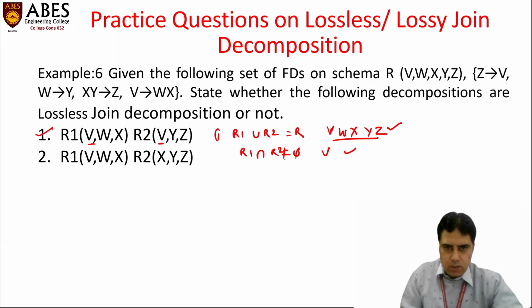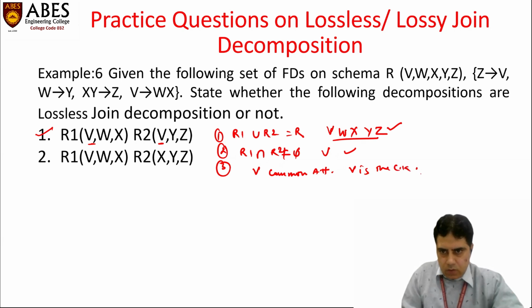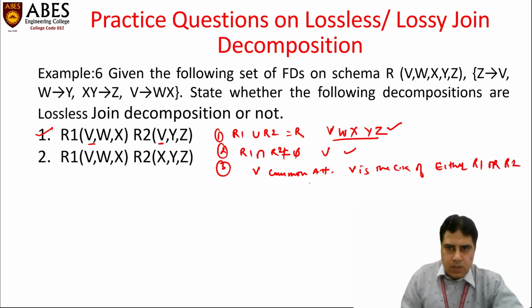Now check the third condition. V is the common attribute. Now check whether V is the candidate key of either R1 or R2. Now take the attribute closure of V from the given functional dependencies. From V, we can determine V. From V, we can determine WX.